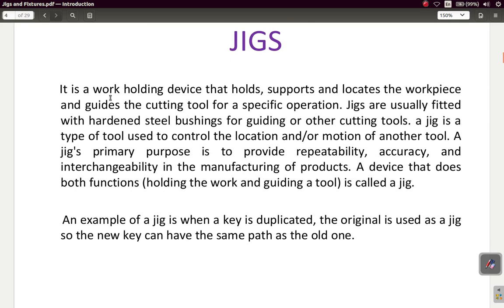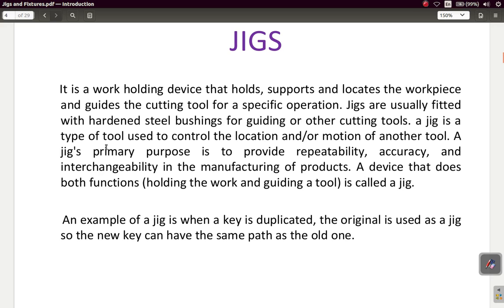Jigs. A jig is a work holding device that holds, supports and locates the workpiece and guides the cutting tool for a specific operation. Jigs are usually fitted with hardened steel bushings for guiding drills or other cutting tools.